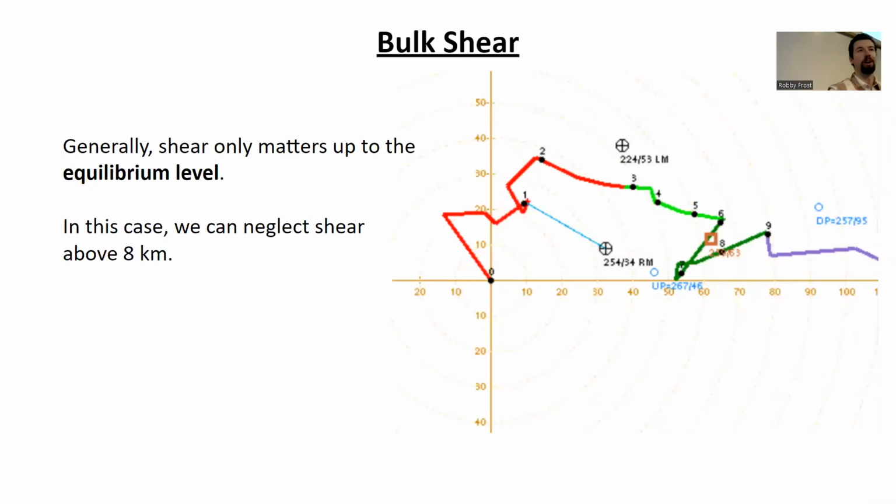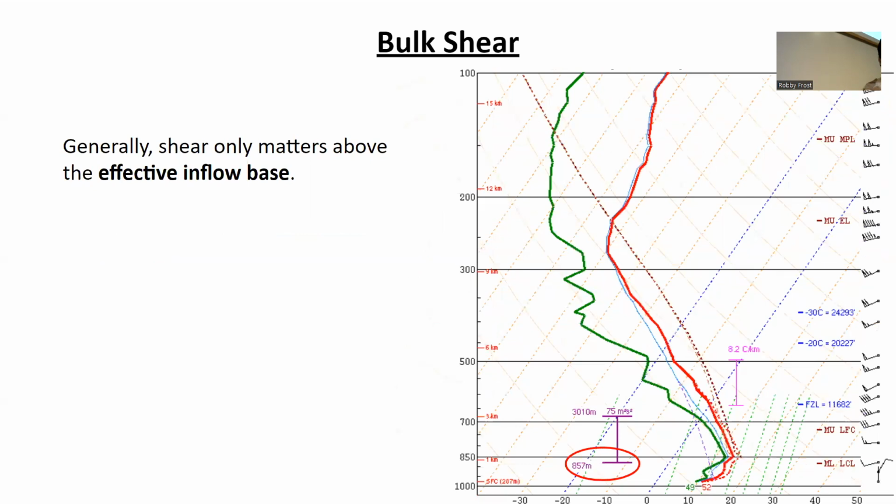So in this case, we could take this hodograph and omit everything above 8 kilometers. That's how we would mentally do this math. But we also have the effective inflow base to worry about. This is where air might be too stable for a storm to lift up into its updraft.